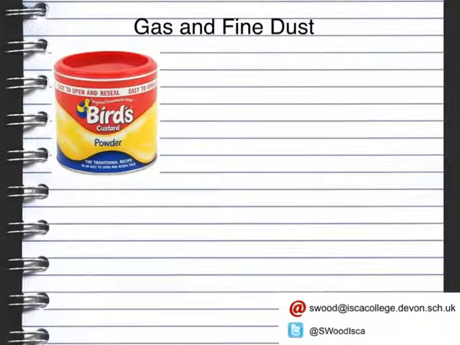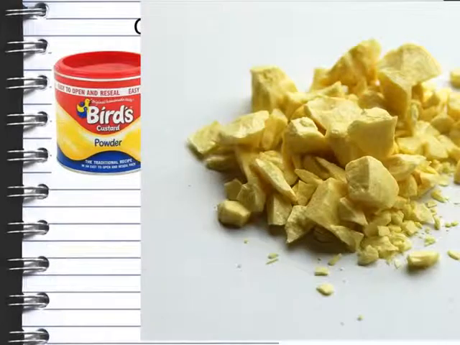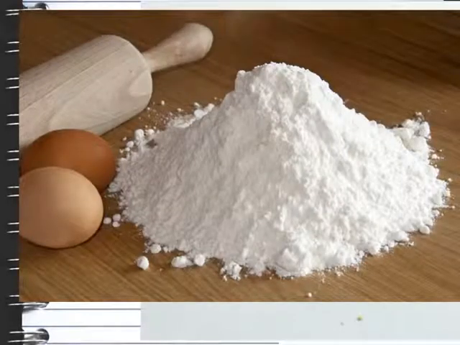It is mainly sugar that's in there, but it's very flammable, and because it's a very fine powder, when you're producing custard powder, a very small spark can ignite a big explosion. The same applies in the manufacture of sulfur and in the production of flour as well.